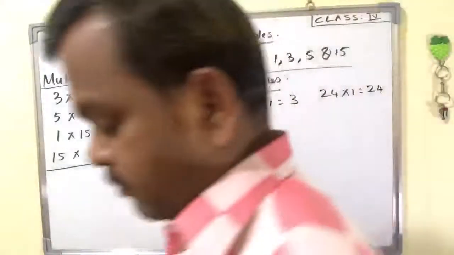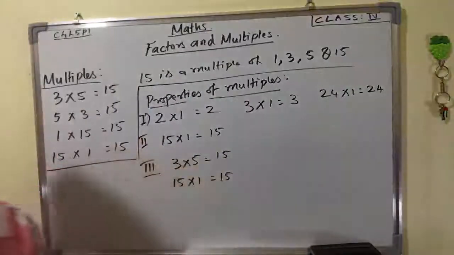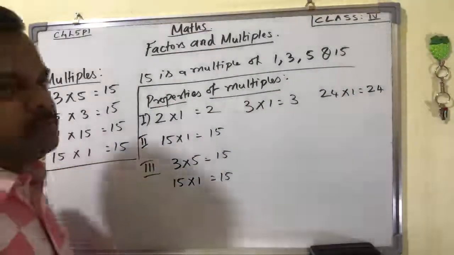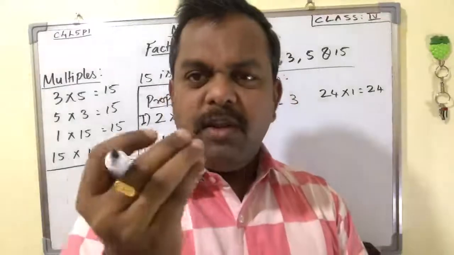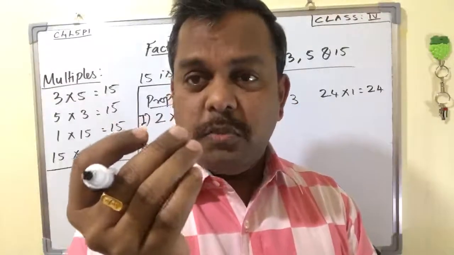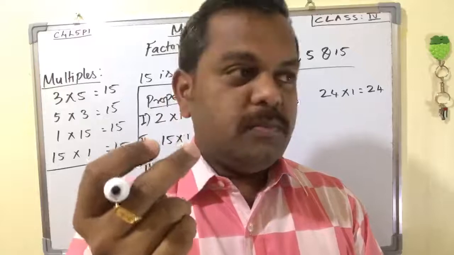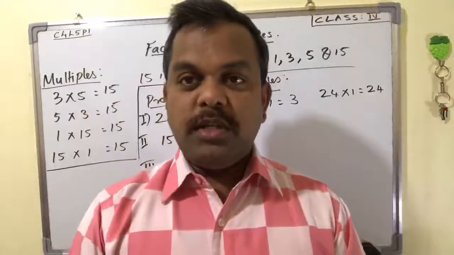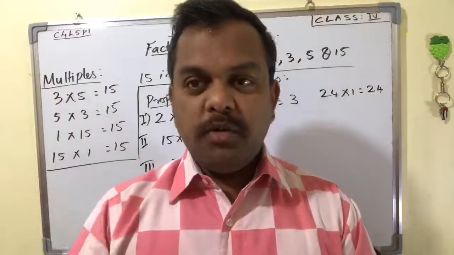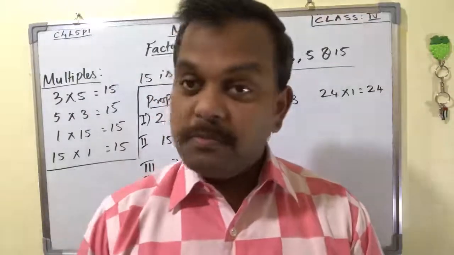Next one. A number has an uncountable number of multiples. For your understanding, I will take one small number, 2. Table 2, you know. 1 2 is 2, 2 2s are 4, 3 2s are 6, 10 2s are 20, 11 2s are 22.